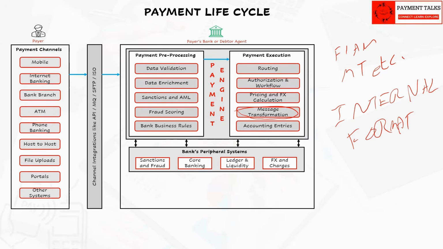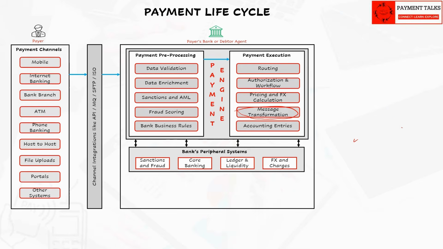Adoption of ISO 20022 has made the format common, but still in usage, the networks have specific nuances. Most of the payment processing engines have an internal format where that information is stored. This internal format is what payment engine users usually rely on for processing.